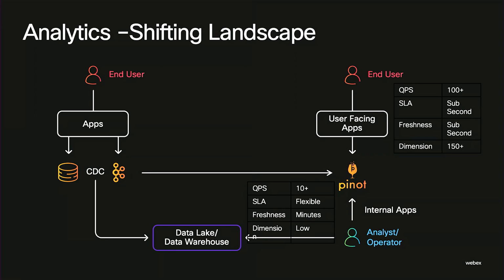Suddenly they were bothered about what upgrade you've pushed, whether my jitters is because of the version upgrade that I've done, or is it too much load on my network? So suddenly the number of dimensions on which customer admins wanted to do their analytics changed. And that posed a problem for internal SRE teams as well, because they wanted all these analytics available to themselves to answer the customer queries and all the things that were happening.